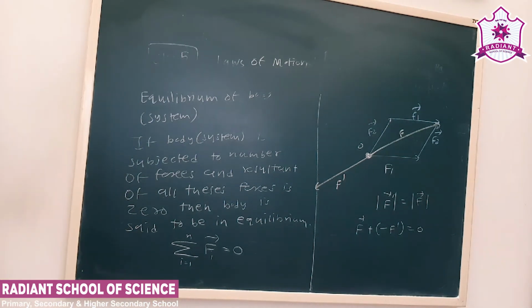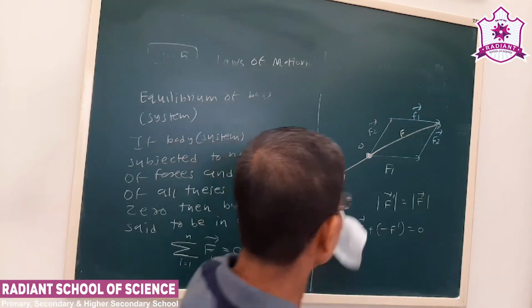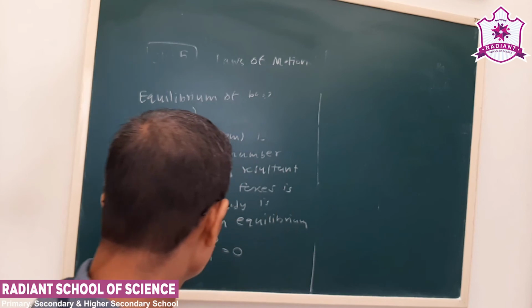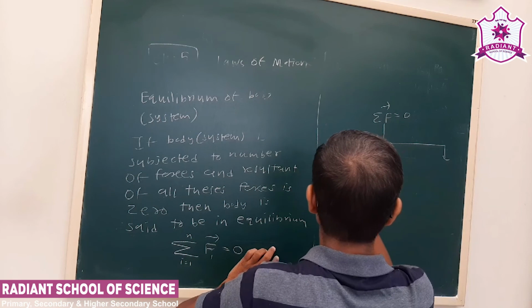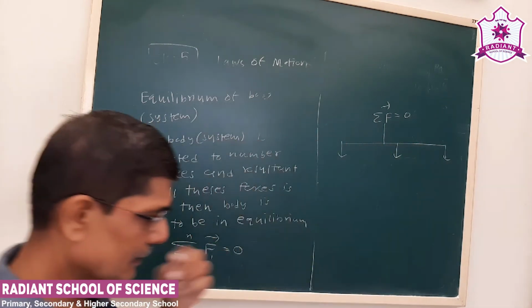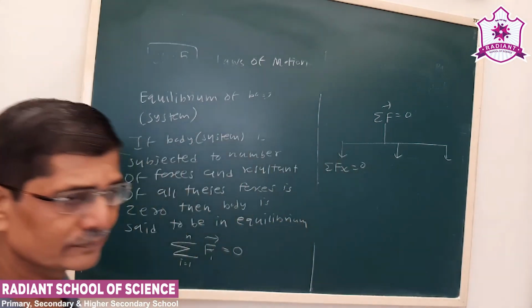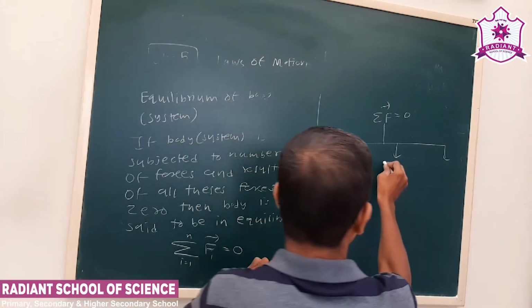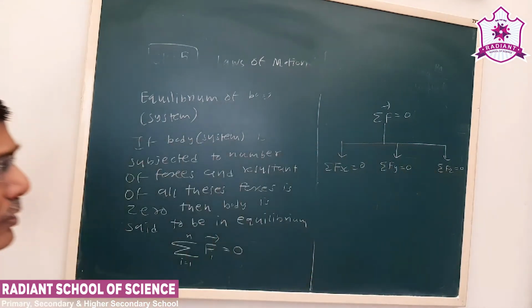So, for equilibrium of forces, if the body is subjected to a number of forces and the resultant of all these forces is 0, then the body is said to be in equilibrium. Force being a vector quantity, sigma F is 0 can be written in terms of its components. So the sum of the x components of the forces should be 0, the sum of the y components should be 0, and the sum of the z components should be 0.